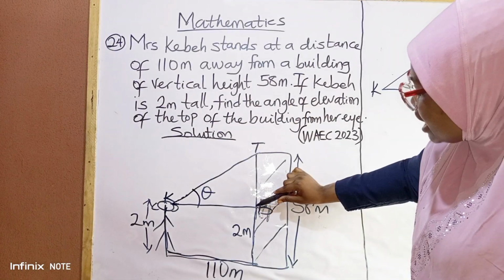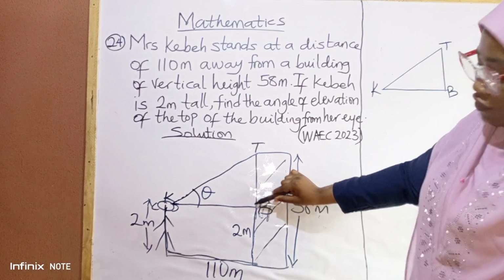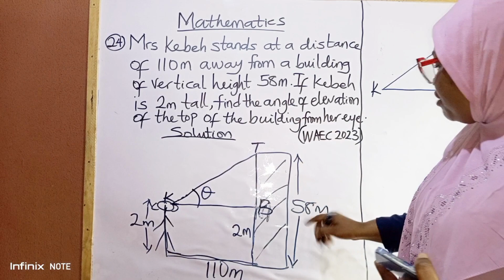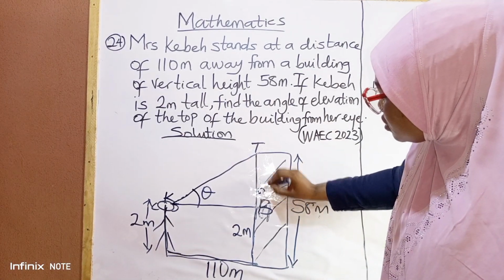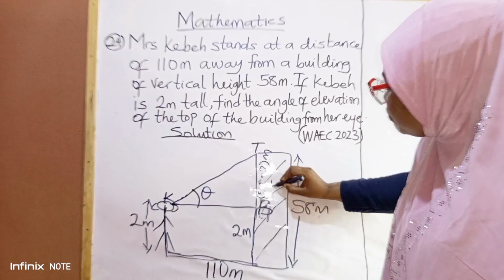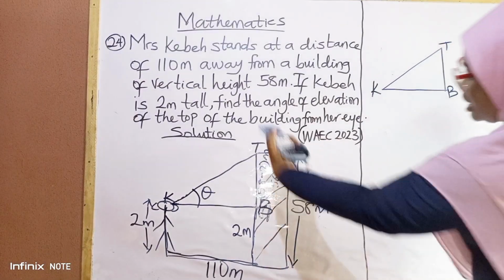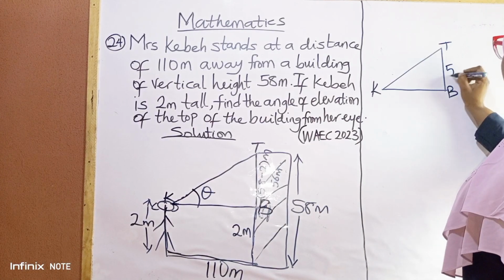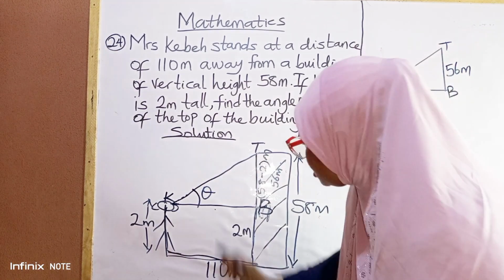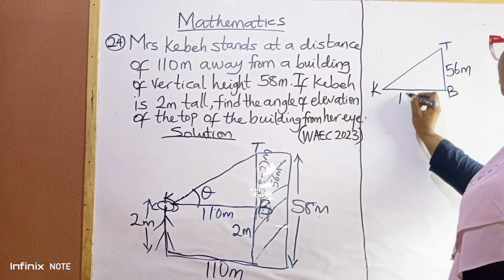So we want to find from the top of the head of Kebe to the top of the building, it will be 58 minus 2 meters. So here will be 56 meters. So that means BT will be 56 meters. And here is still 110 meters.